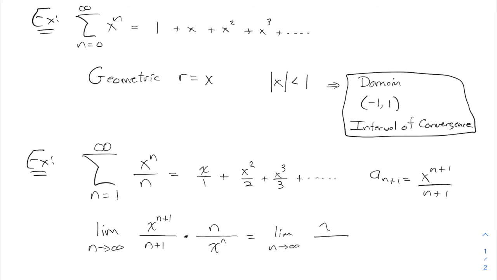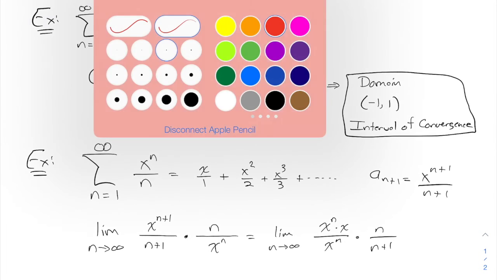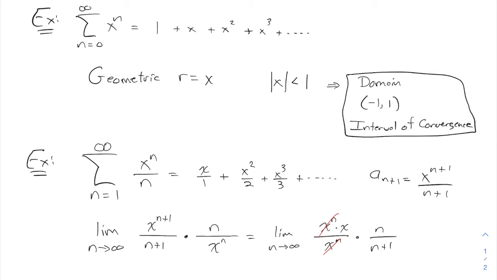So now we'll put x to the n plus 1 over x to the n, then n over n plus 1. Now this x to the n plus 1, let's rewrite that as x to the n times x. Now we can cancel these. This is going to go to 1, and so our limit here is x.